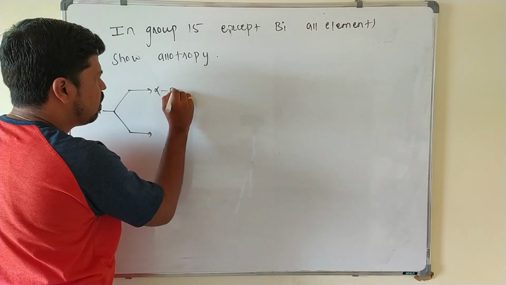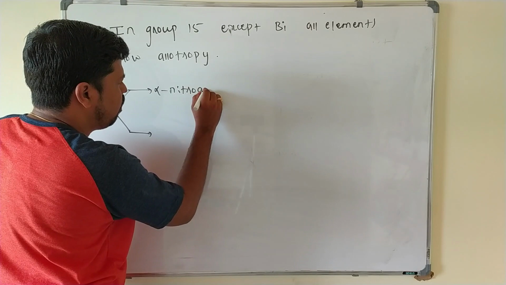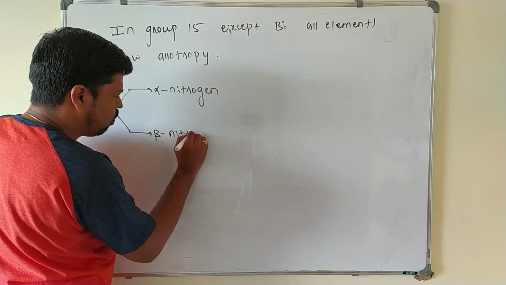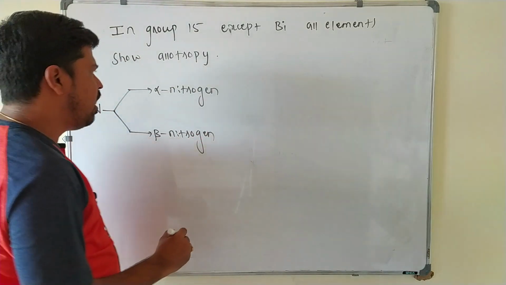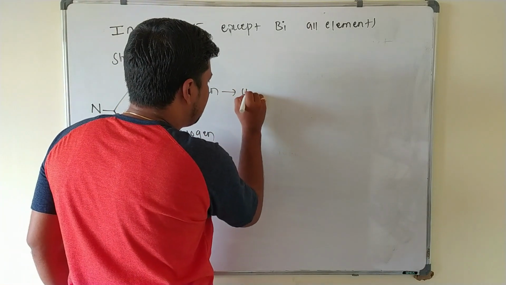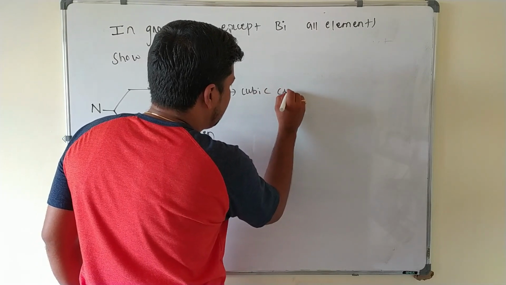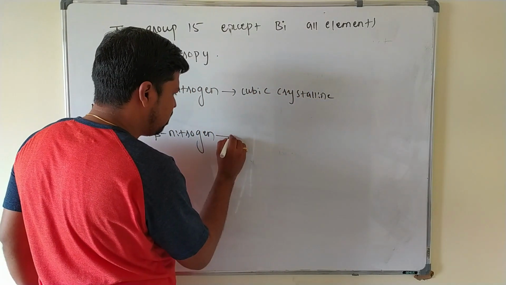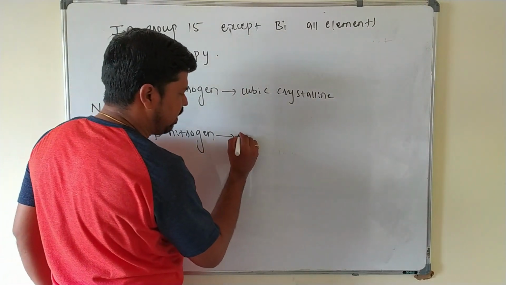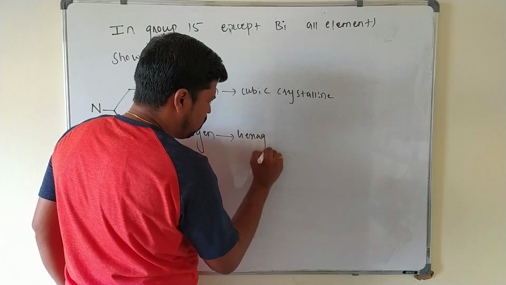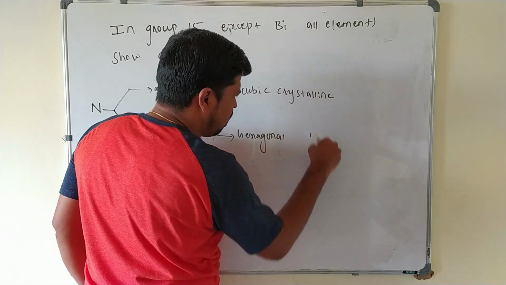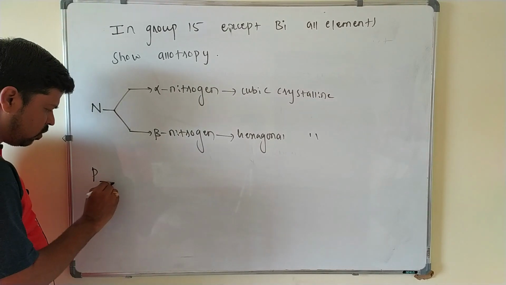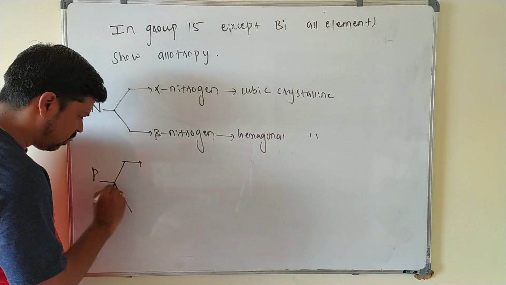One is alpha nitrogen and the second one is beta nitrogen. Alpha nitrogen has cubic crystalline structure, and beta nitrogen has hexagonal crystalline structure.